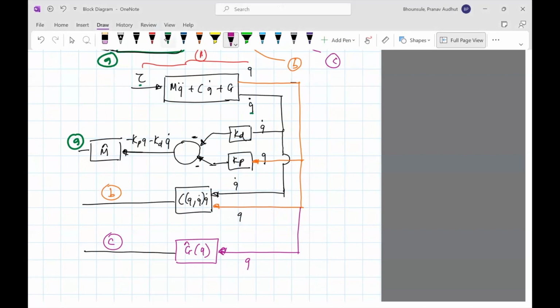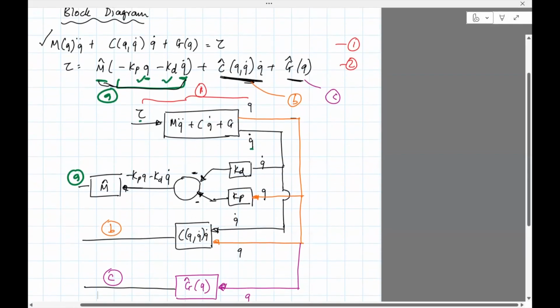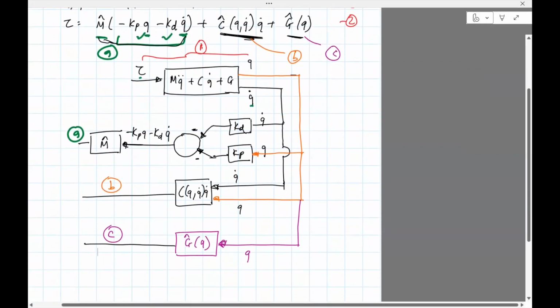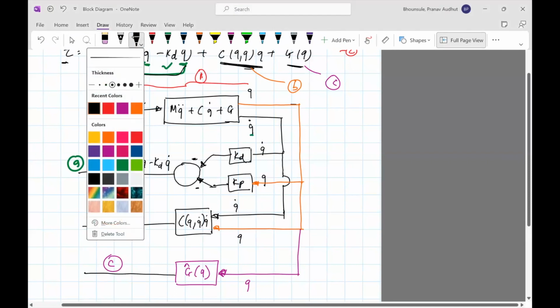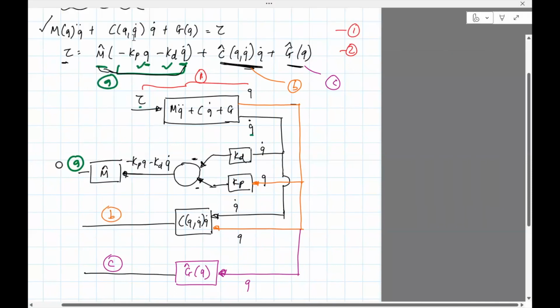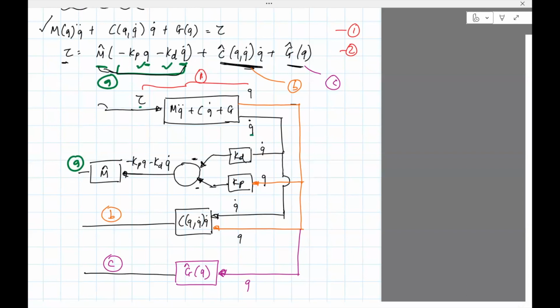Okay, all of these things have to be summed. So I need a summing block. And all the sum basically gives me tau. So what I can do is draw a summing block, which would be the circle, and to it feed all these things. So let's start with the lowest one.